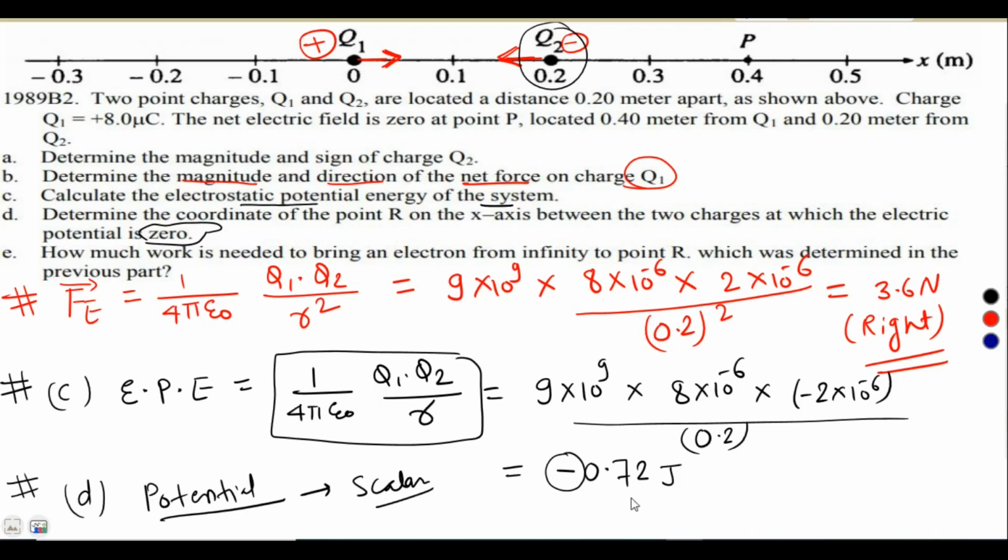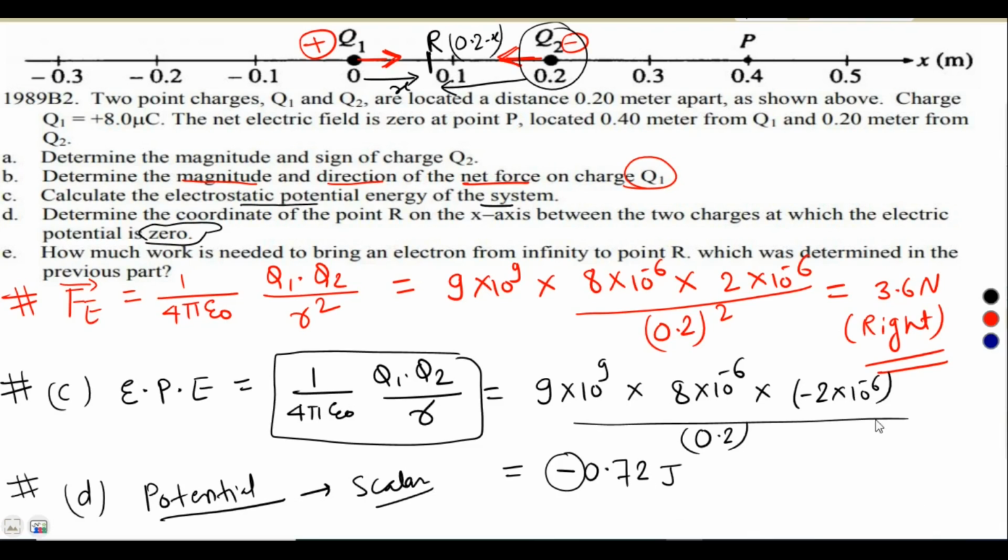Potential at point R, let us suppose this is a point R at a distance x from q1, right? So from here it will be 0.2 minus x meters away from q2. So the potential due to q1 at point R plus the potential due to q2 at point R will be equal to 0.